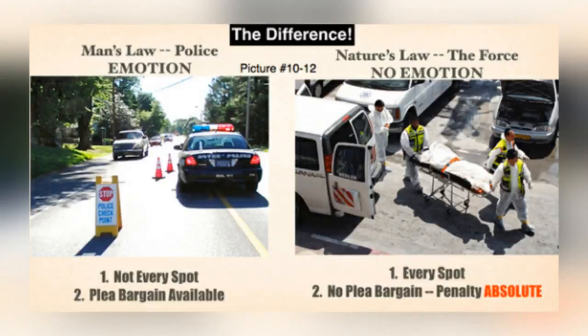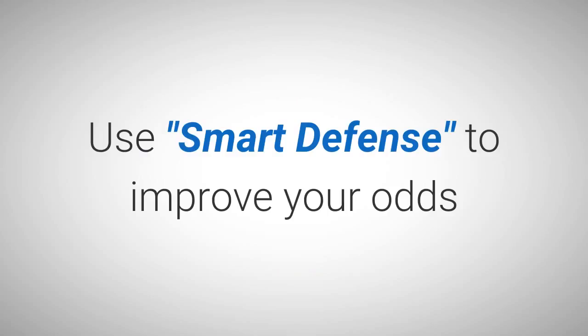There is absolutely no emotion involved in the penalty delivered by the force. It is what it is. Additionally, the force will be waiting to strike on every spot, on every road we travel, every second of every day, and the option for a plea bargain is non-existent. Use smart defense to improve your odds to avoid violating man's law and nature's law.